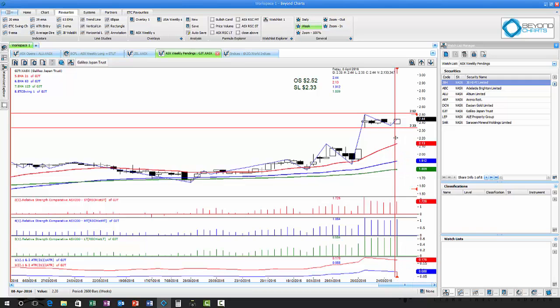So our 2 ATRs this week is telling us that it's actually 17.5 cents. So we're going to place our stop at least 17.5 cents away from $2.52. But we also must be at least 0.5% below that last medium-term trough. That's GJT.